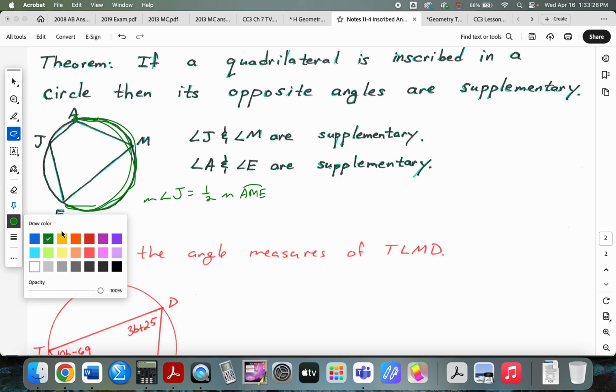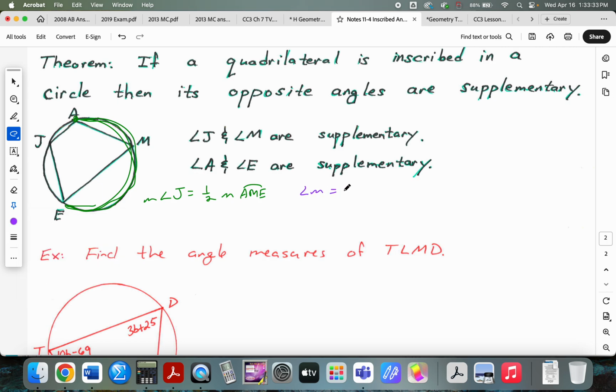On the other side, let's change colors. Angle M, the measure of angle M is going to be half of, follow the arc out, it goes from A to J to E. So then the measure of angle J plus the measure of angle M is going to be half the measure of AME plus half the measure of AJE.